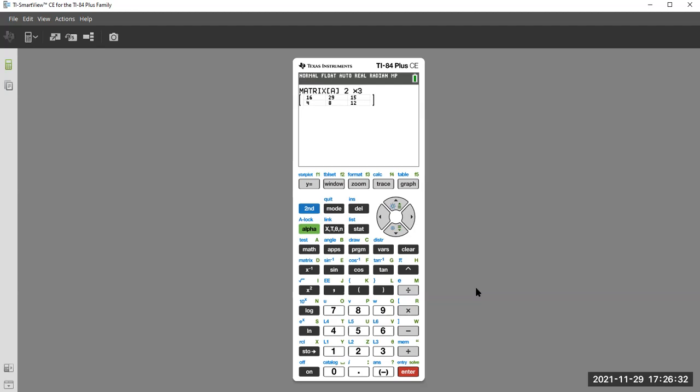I can easily adjust the size to 2 by 2 and watch my matrix change. There we go. Now I can type in the 21, the 16. It does rows by rows, 33, and 10. So now I've got my matrix in there. And really, that's the biggest part of it.